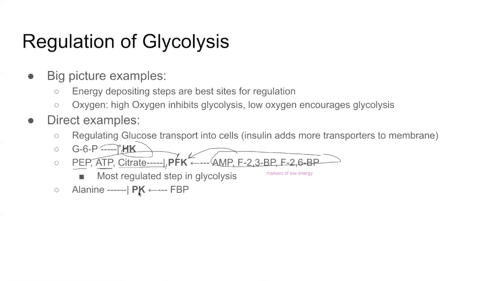And then for pyruvate kinase, PK, it's inhibited by alanine and it's encouraged by fructose bisphosphate. Does it make sense in this case?